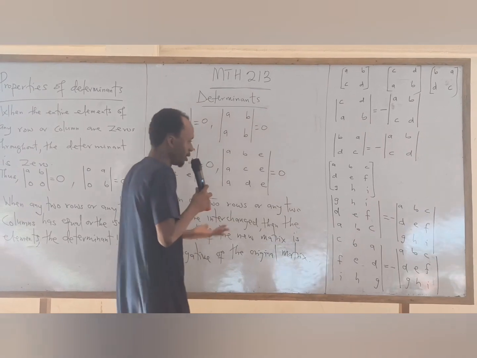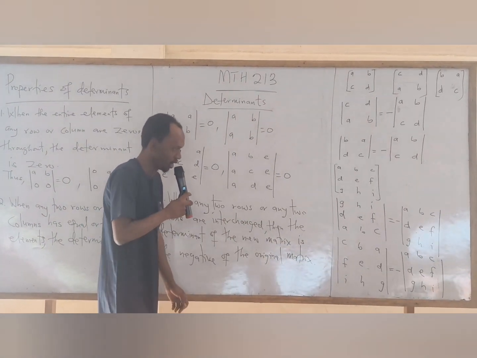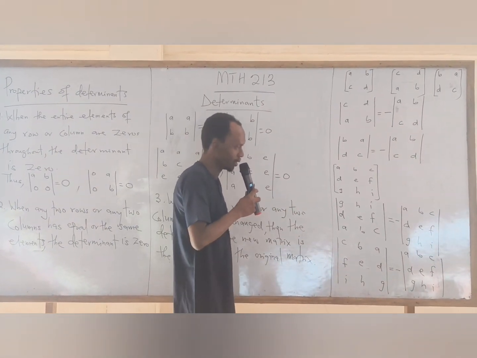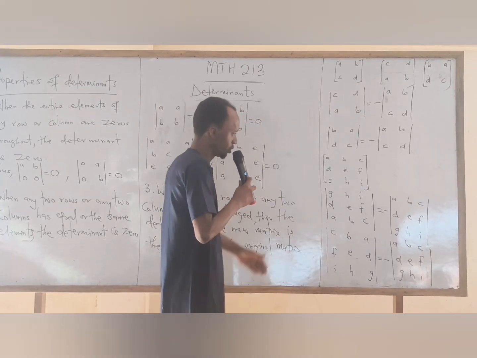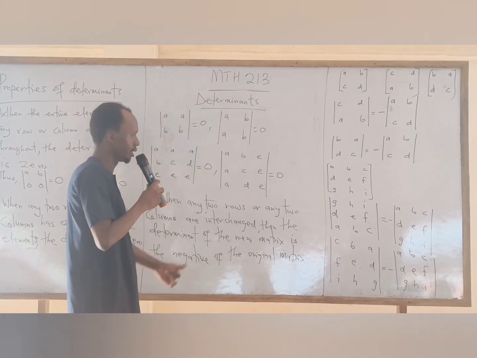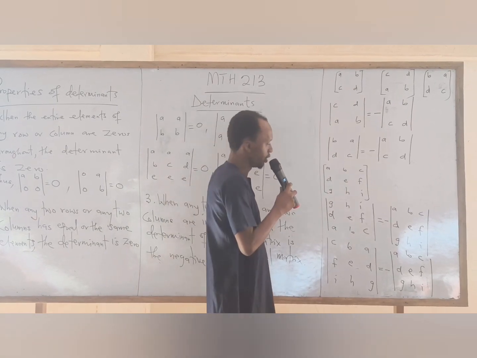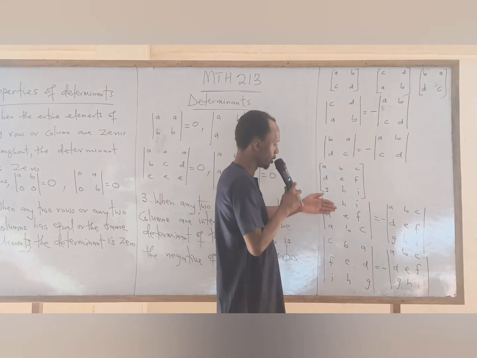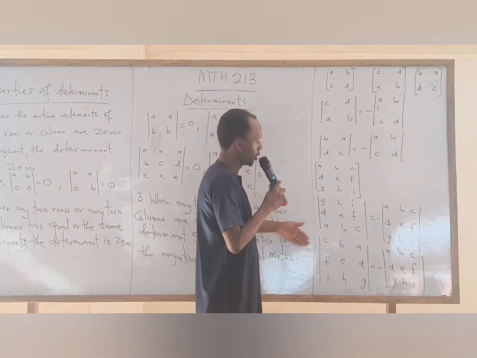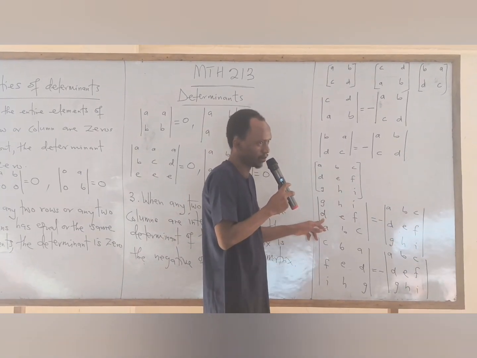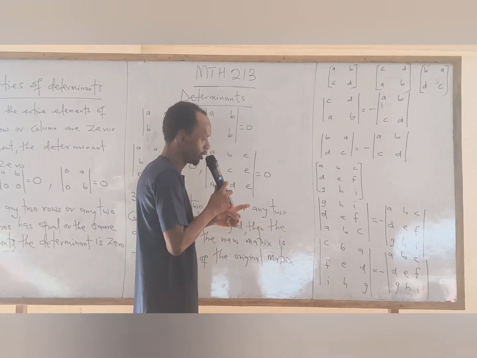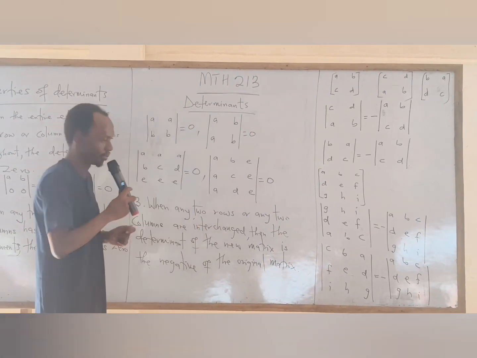Sometimes in the exam I can put questions like that together, and you may not even realize that I interchanged certain things in the first matrix to get the second matrix. So just apply the rule. You don't need to solve this again. Waste of time. Just attach a negative to it. That's all. Any other question?